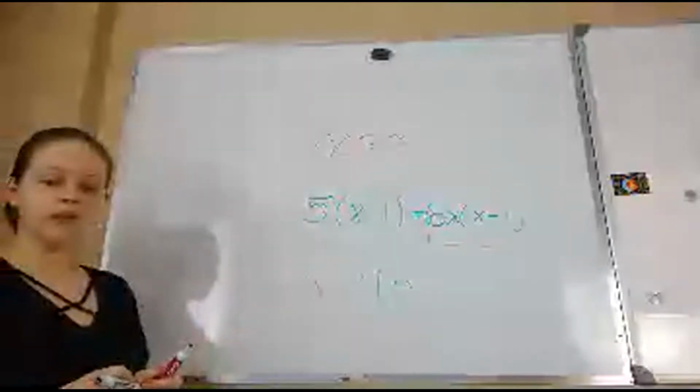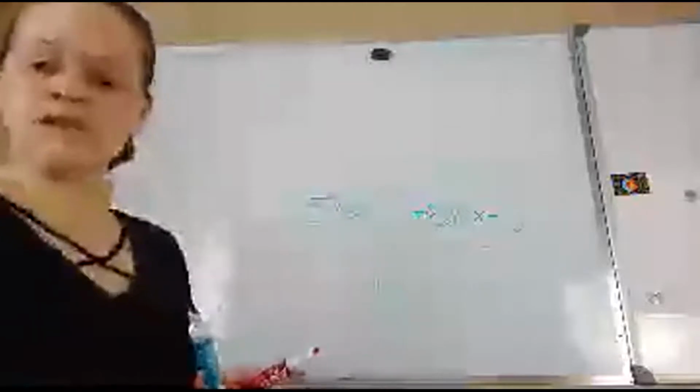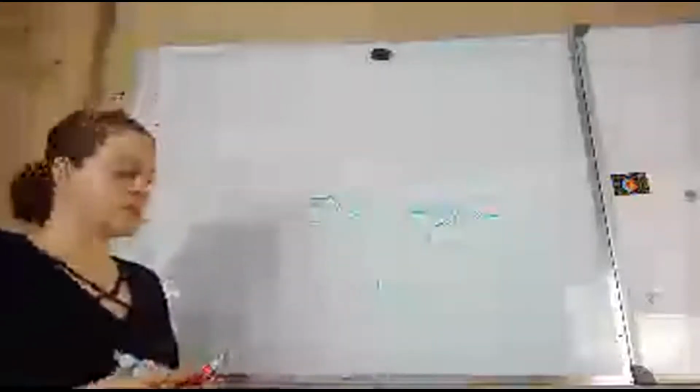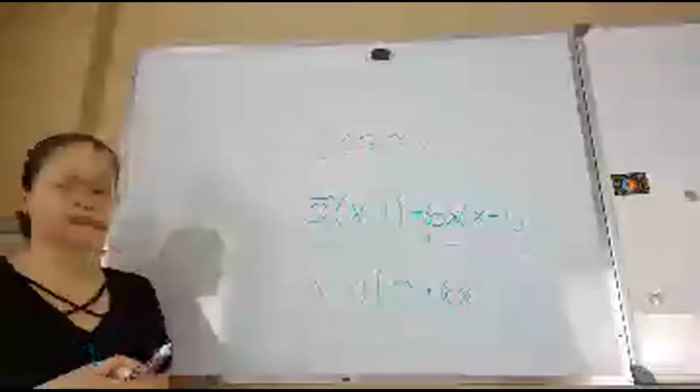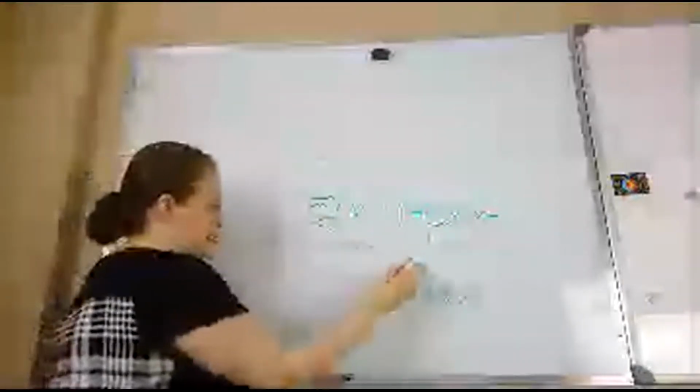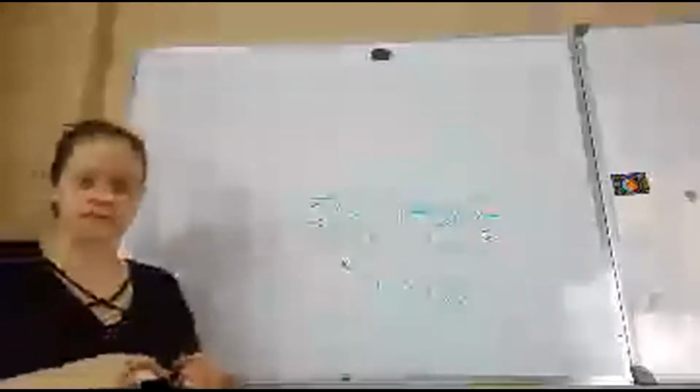Then, if I take 6x times x minus 1, I'm going to get that term back. So 6x. And so you can kind of see here what really happened is that basically the 5 and the 6x came here, and then your GCF went out here. So that's kind of interesting.